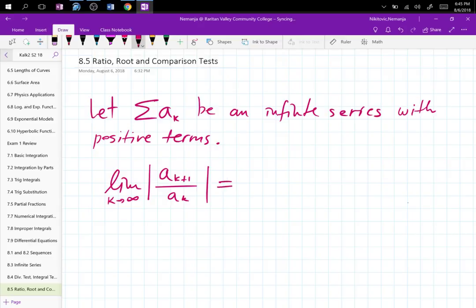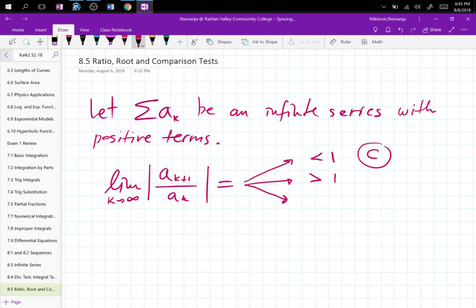This can have 3 outcomes. If the answer for this is less than 1, it converges.